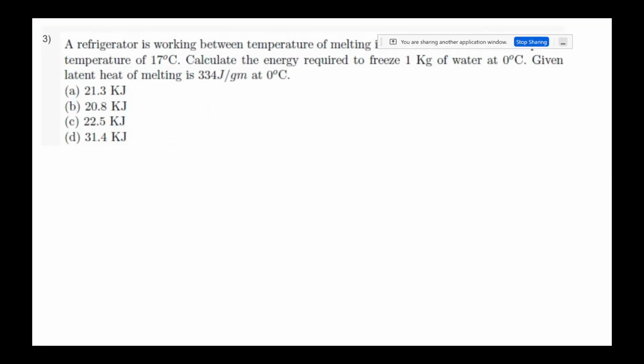Now, let me write, the latent heat is given, right? Now this is the energy required to freeze 1 kg of water at 0 degrees, meaning how much work or energy the refrigerator should take.